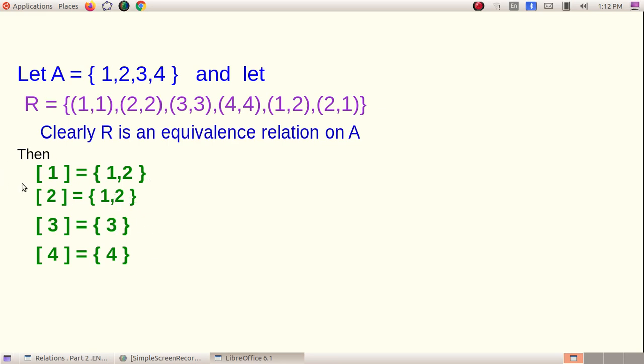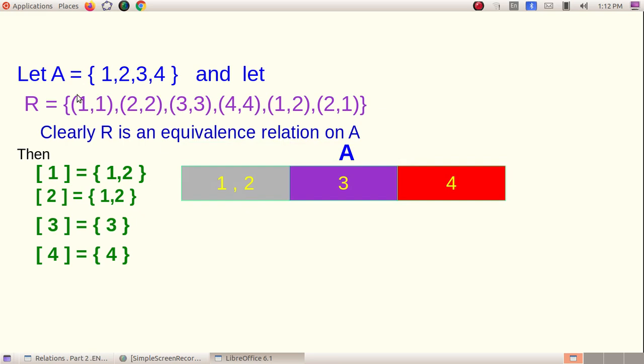Okay, it means that this set is divided into 3 pieces. First piece is set {1, 2}, next one set {3} and set {4}. I am going to draw the figure. Listen. Set A containing 4 elements 1, 2, 3, 4, and these 4 elements are divided into 3 pieces: {1, 2}, {3} and {4}.